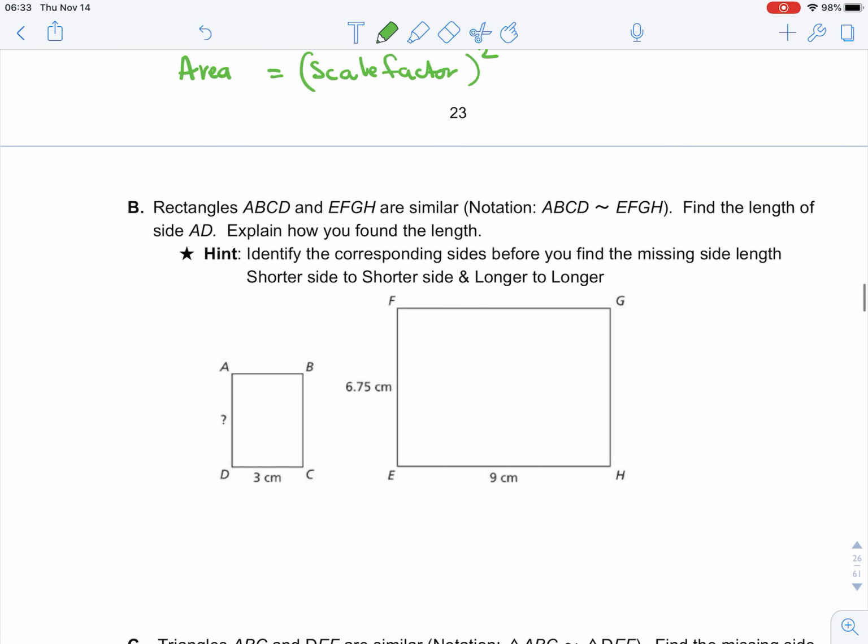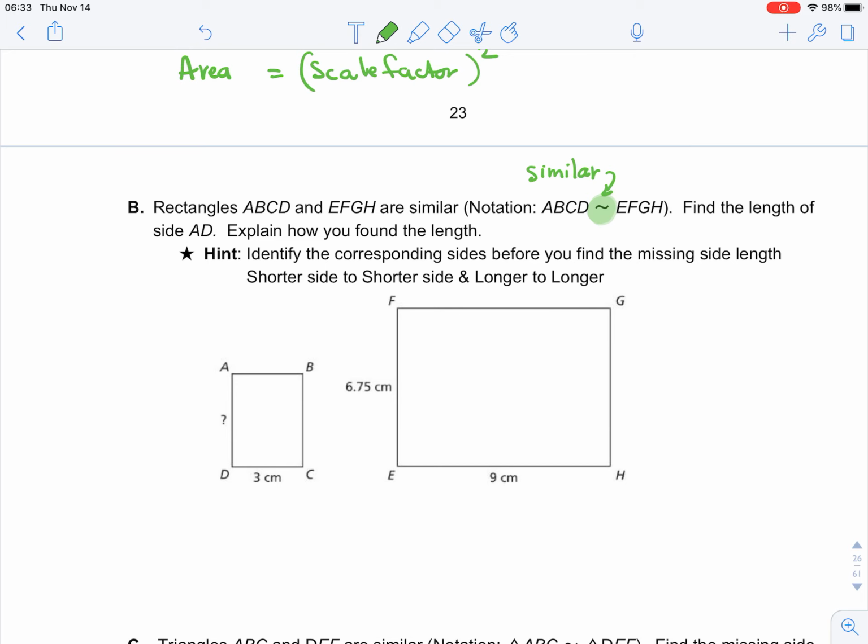All right, let's move on to question B. It says rectangles ABCD and EFGH are similar. Notation is here. This is what the geometric notation is. This means similar. It's saying that ABCD is similar to EFGH.